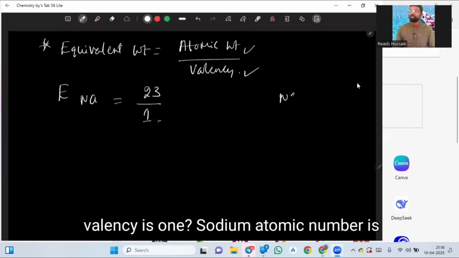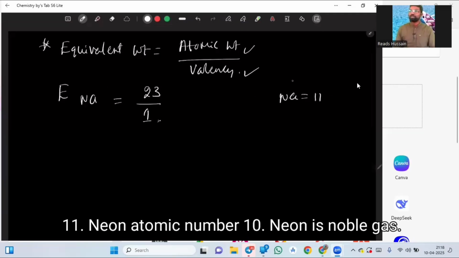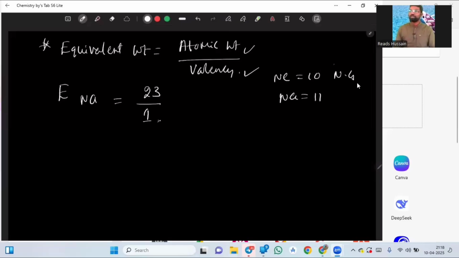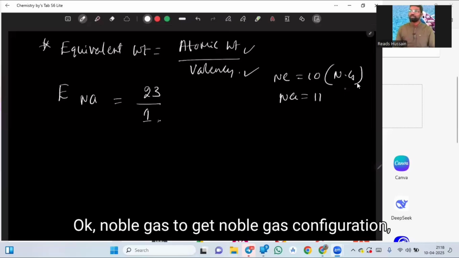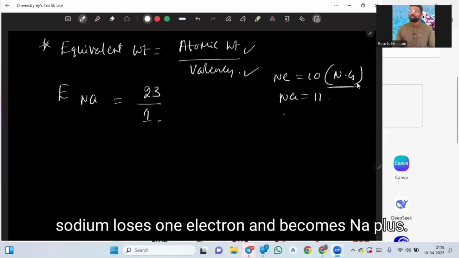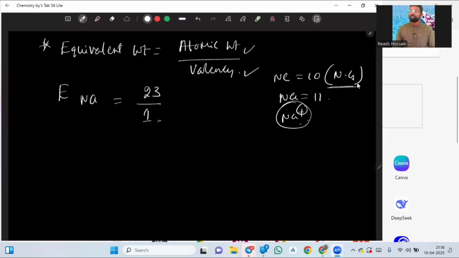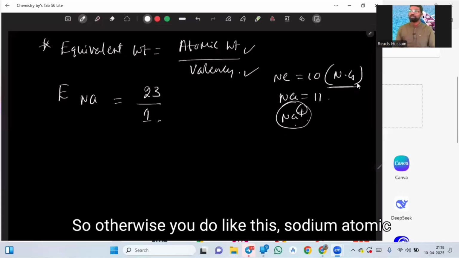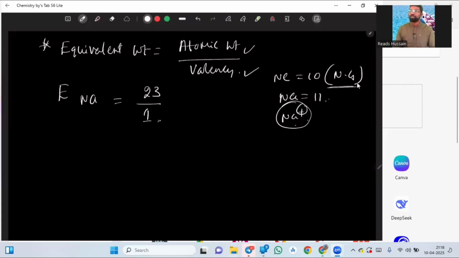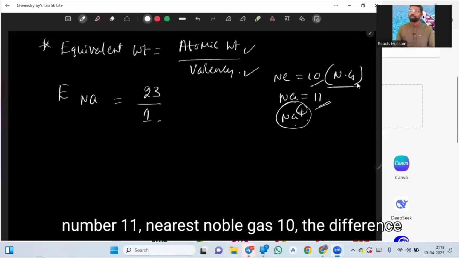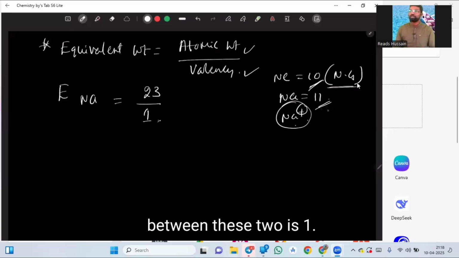Sodium atomic number is 11. Neon atomic number 10. Neon is a noble gas. To get noble gas configuration, sodium loses 1 electron and becomes Na plus. So sodium always tries to lose 1 electron to become Na plus. Otherwise you do it like this: sodium atomic number 11, nearest noble gas 10. The difference between these two is 1. So that is the valency.